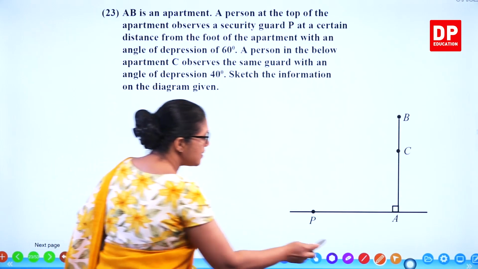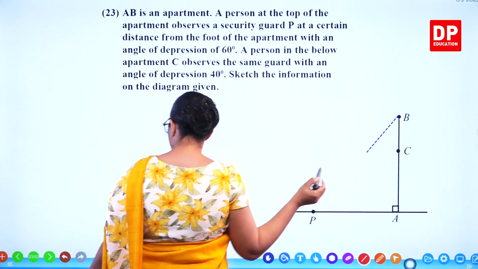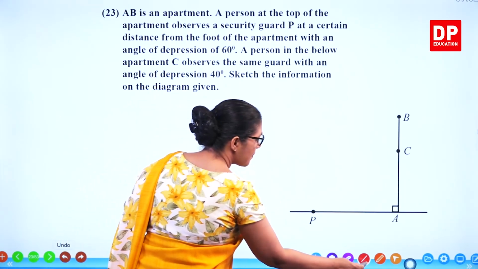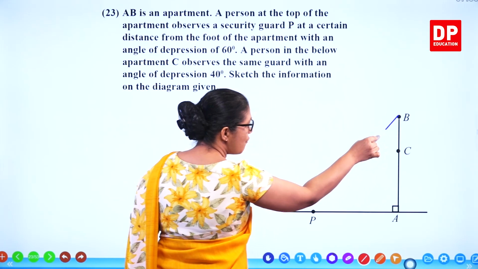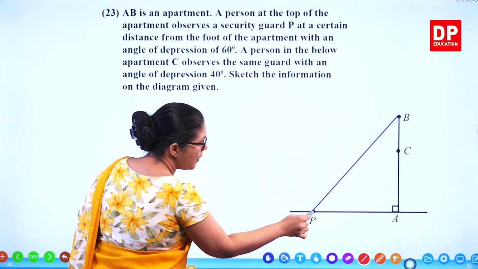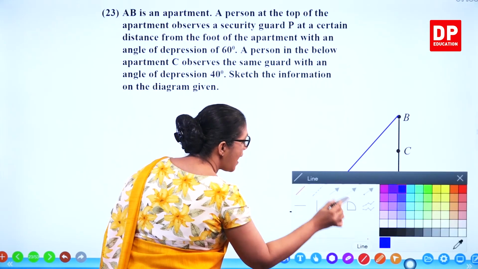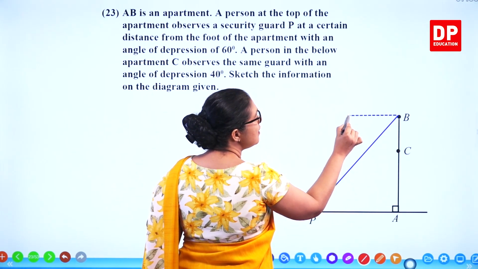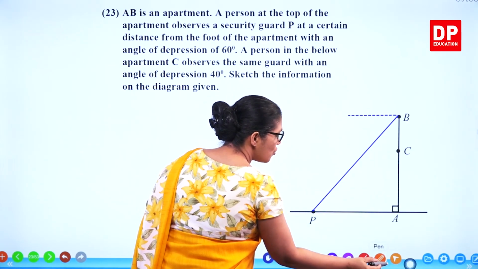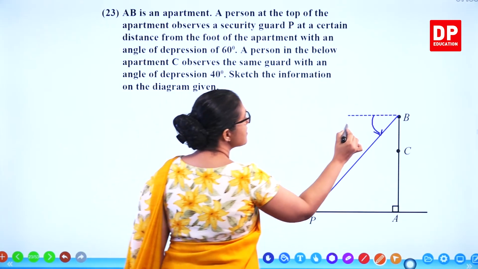So that means when you observe from here, P is the security guard, angle of depression. So what does angle of depression mean? We measure the angle horizontally. So you get this angle is 60 degrees.